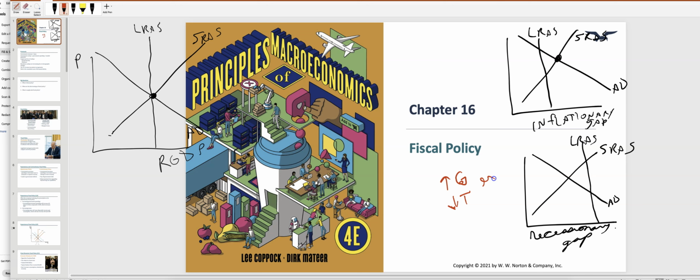This would be called expansionary fiscal policy. By doing that, it's going to shift the AD curve to the right and get us into equilibrium. Why? Because remember, aggregate demand is C, I, G, and NX. And now the G is higher.